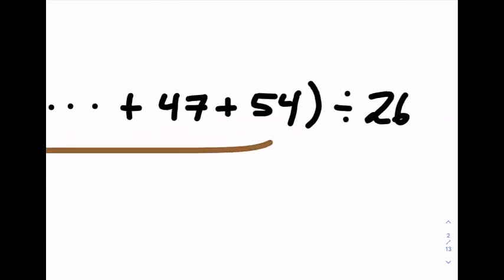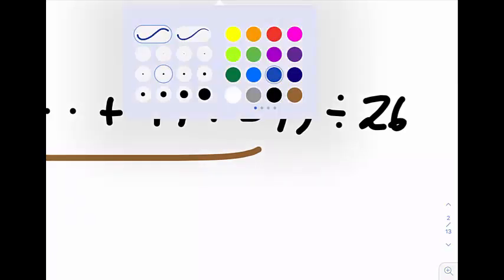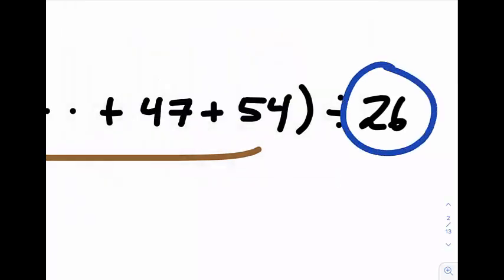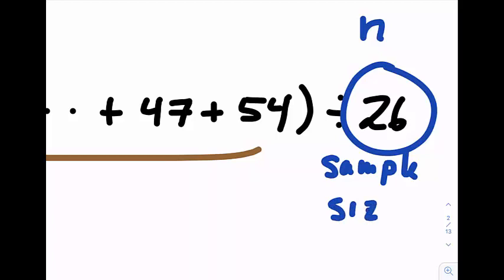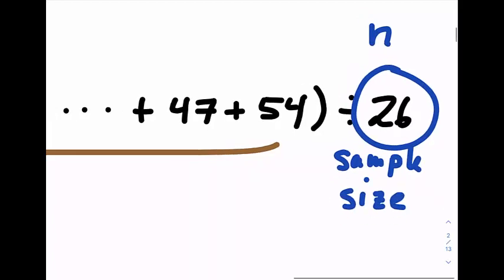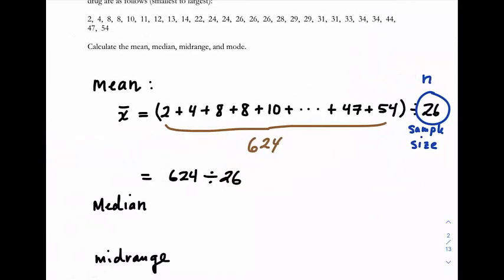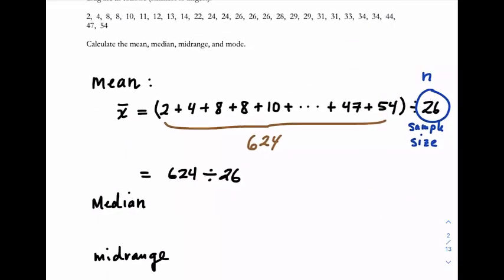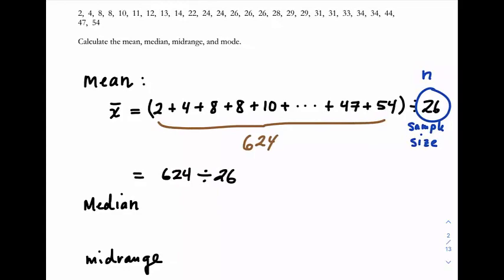The number 26 represents the letter N, the symbol for the sample size, the number of values in the sample. We're going to go over the symbols for all these. This was kind of an introductory video for this section, talking about mu and X bar.